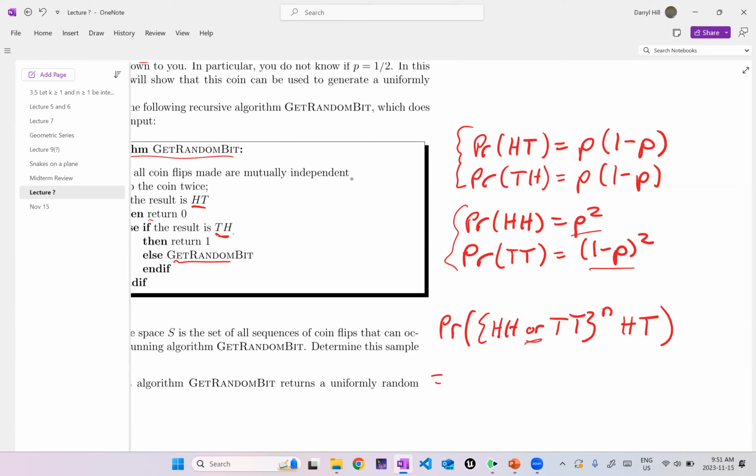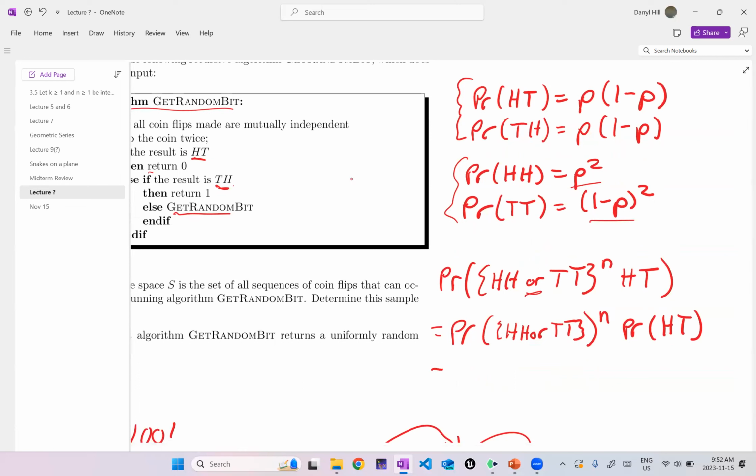So this is equal to the probability that I get heads heads or tails tails to the power n times the probability that I get heads tails. And then this is equal to P squared plus (1 minus P) squared, to the power n, times P times 1 minus P.